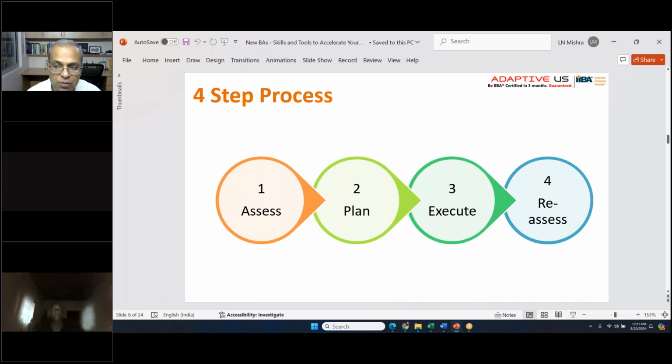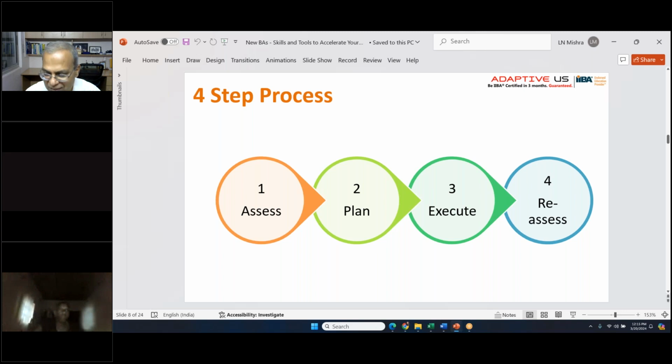It's always important to assess where you are at this point in time. Because without an assessment, you may be perceiving yourself to be very good, but you may not be. Or you may be perceiving yourself not to be so good, but you could actually be a good business analyst. So first we will start with an assessment.